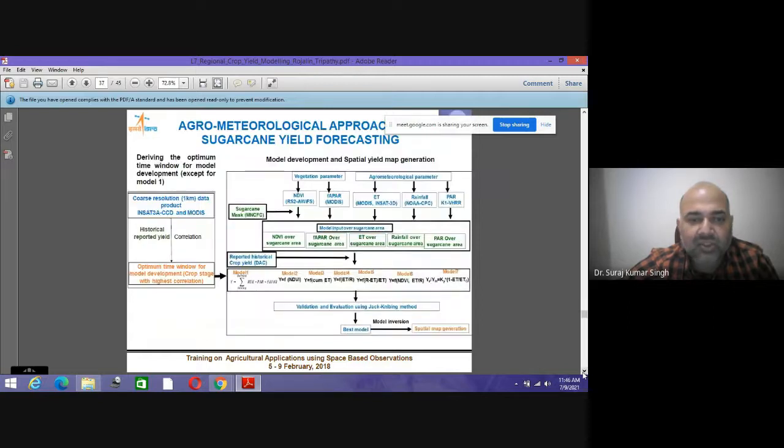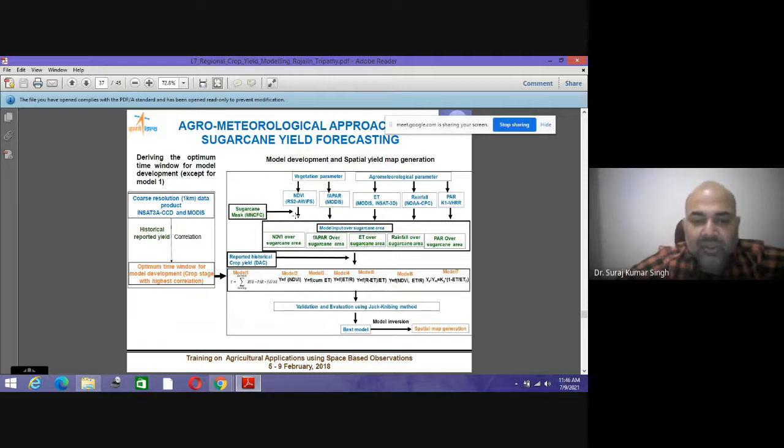And on the basis of all these data sets, different kinds of models are created, where we are creating NDVI, evapotranspiration based on INSAT data, rainfall INSAT data, PAR INSAT data, and the sugarcane mask area, the exact agriculture area where the sugarcane plantation is done.